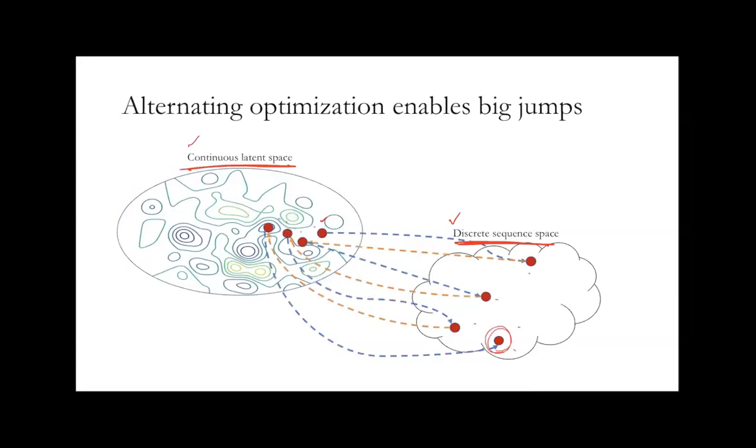And then what I showed you in the previous slide is precisely a method, a procedure by which we can solve this problem. So the discrete space looks really complicated, but it's just a set of all possible sequences.